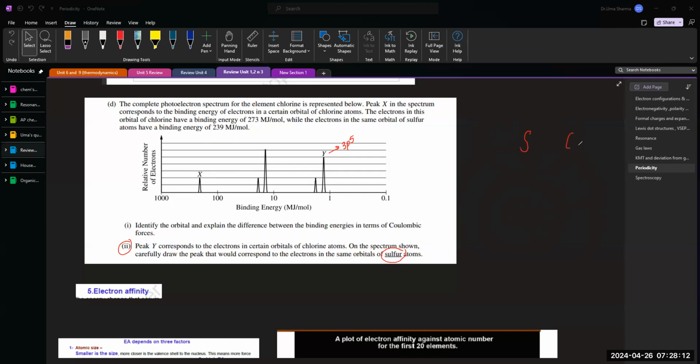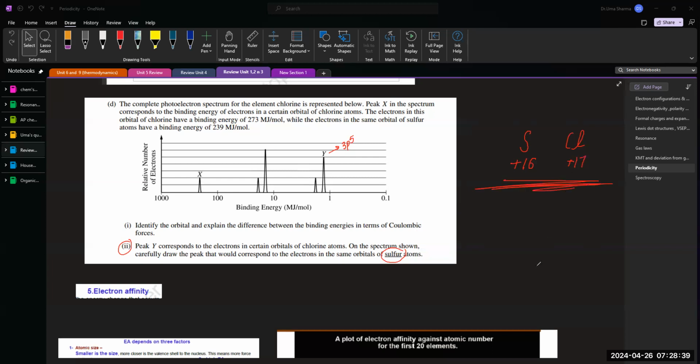Sulfur and chlorine, is there any problem with the stability of configuration? Is any one of them with extra stable configuration? No. Very good, Afan. And you know that sulfur is plus 16, chlorine is plus 17.